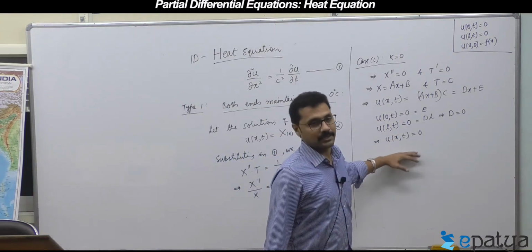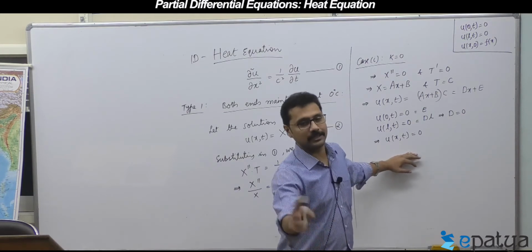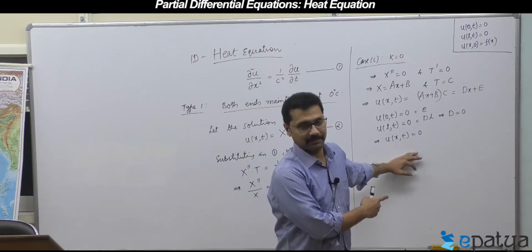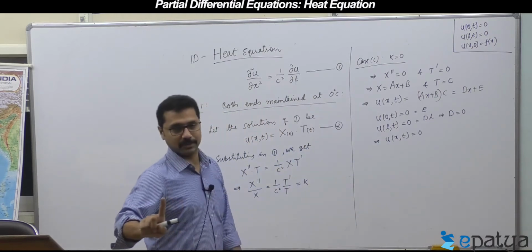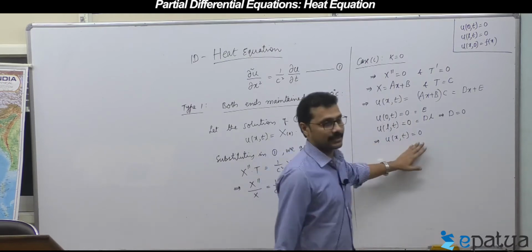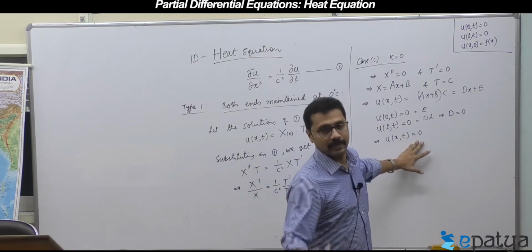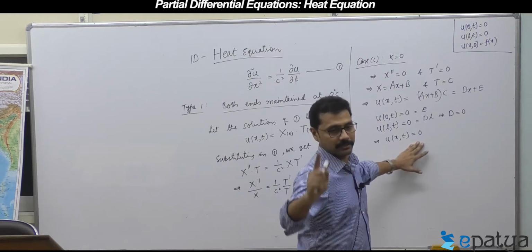So don't say that it's invalid. Most Indian author textbooks say that k equal to 0 is invalid whenever 0, 0 is there, but it's not true. It actually represents steady state temperature distribution.